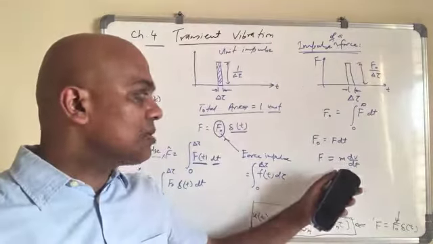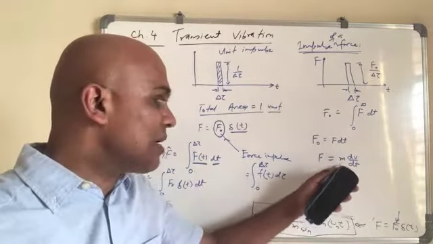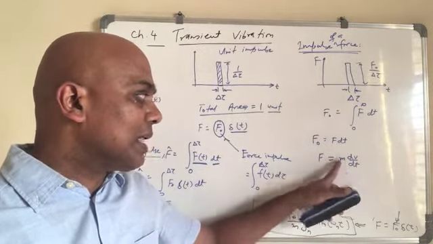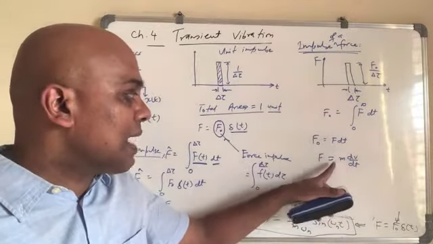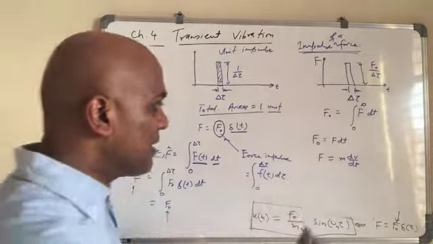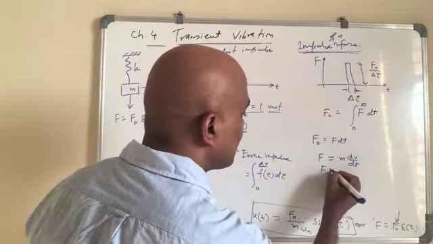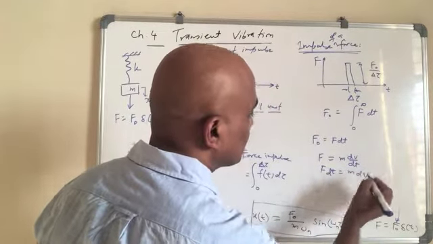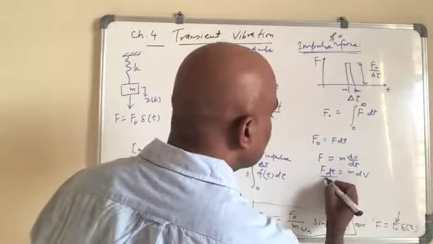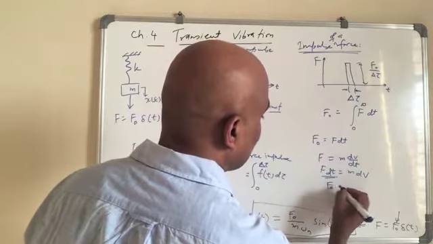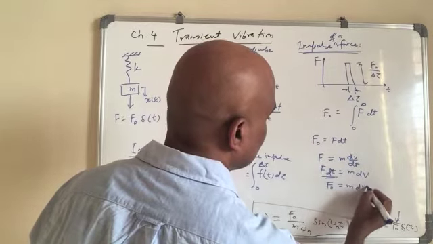If you apply a force, there is going to be an acceleration dv over dt, and that means F times dt will be m dv. But F dt is nothing but F naught, so F naught will be m dv.